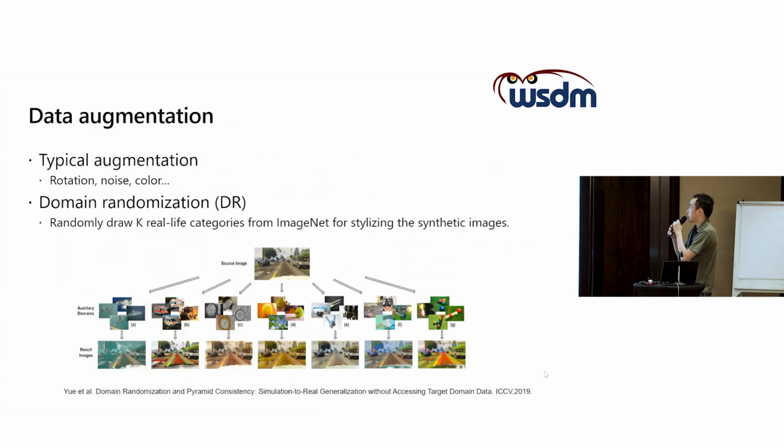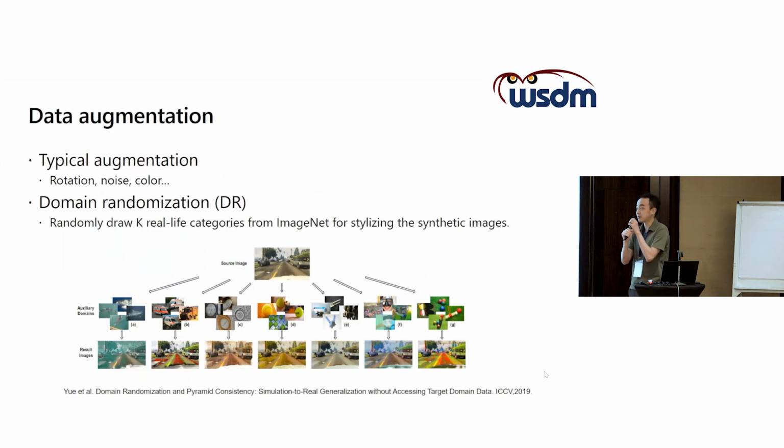Okay, so the first part is about data augmentation. The idea of applying data augmentation to domain generalization is quite straightforward, because the limitation of domain generalization is that we are not able to collect sufficient data during the training phase.